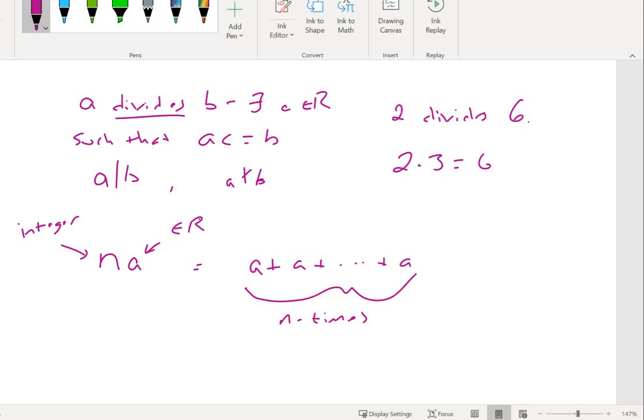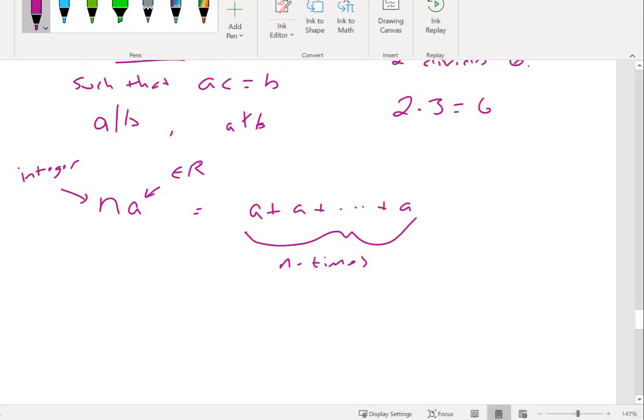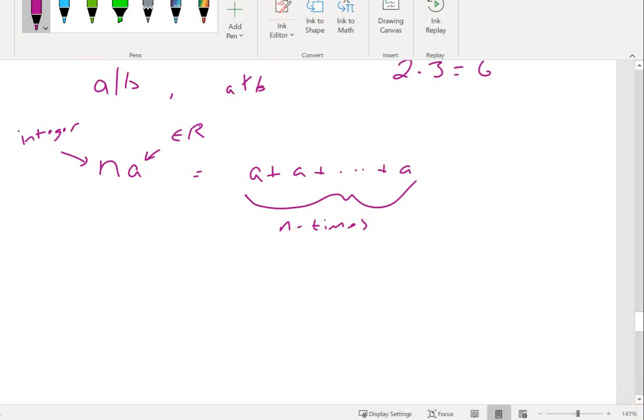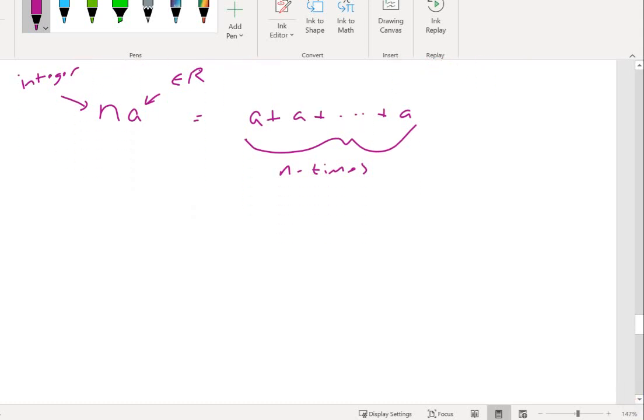So you need to be real careful sometimes about the context of things, okay? We can differentiate between the two of those, okay?